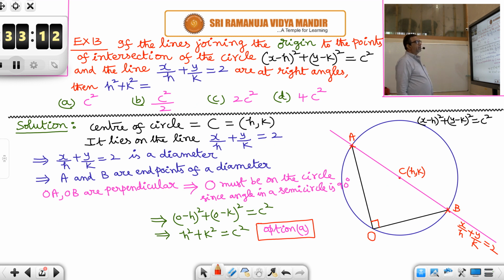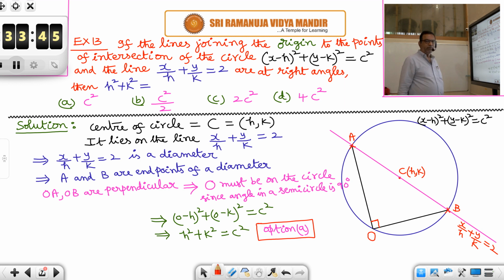If the lines joining the origin to the points of intersection of the circle x minus h whole square plus y minus k whole square is equal to c square, and the line x by h plus y by k is equal to 2 are at right angles, then h square plus k square is equal to... Actually a circle is given and a line is given.